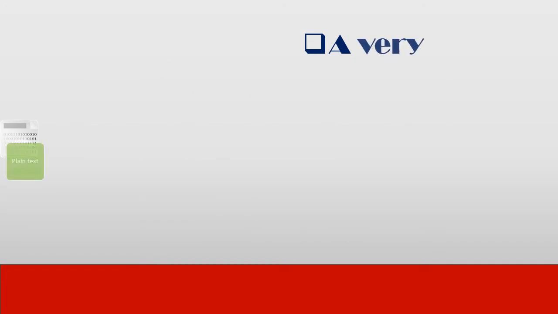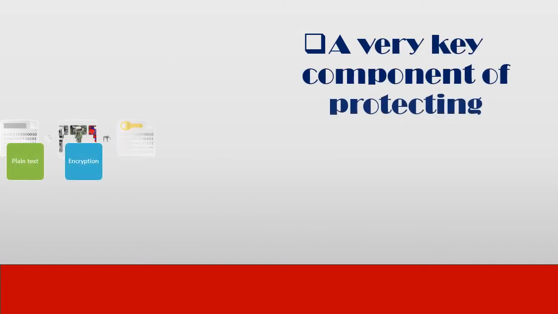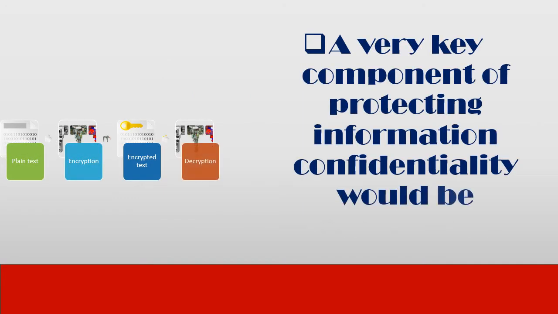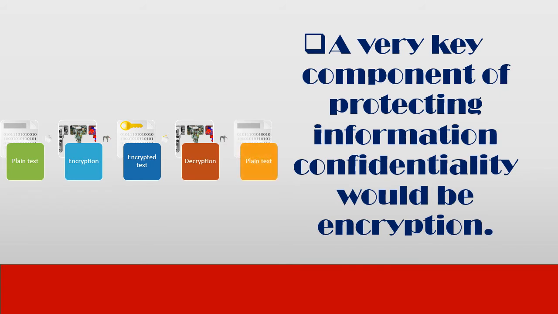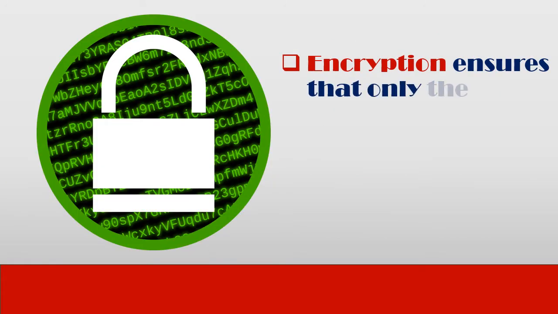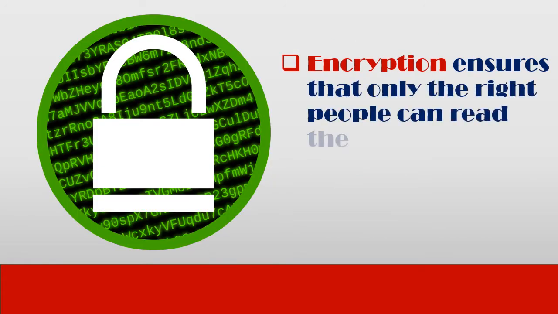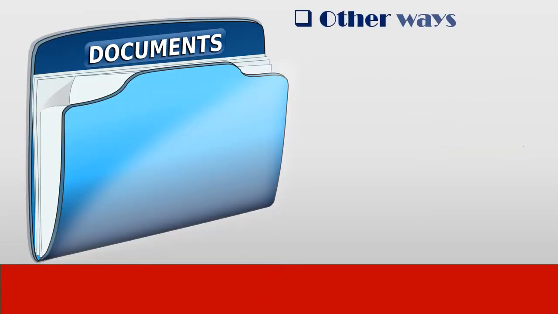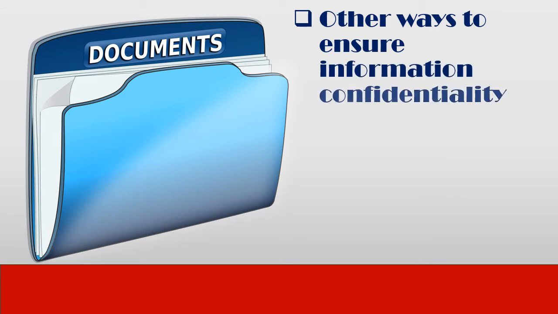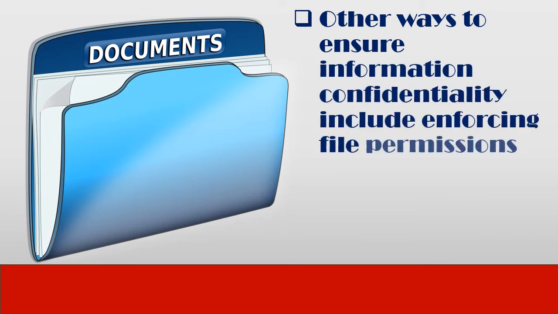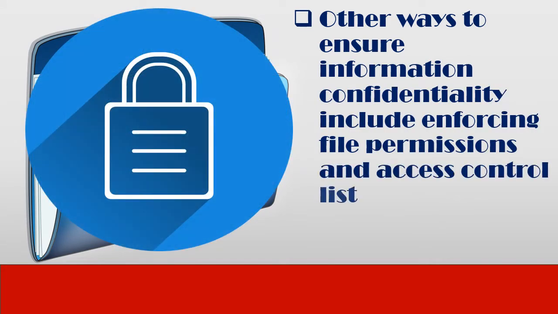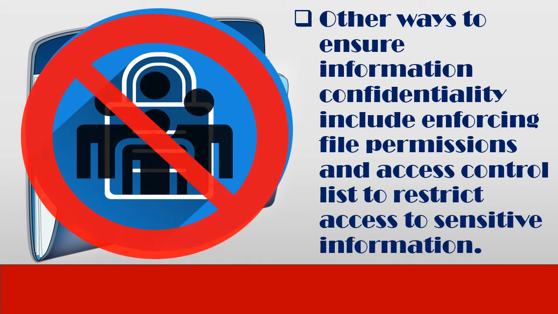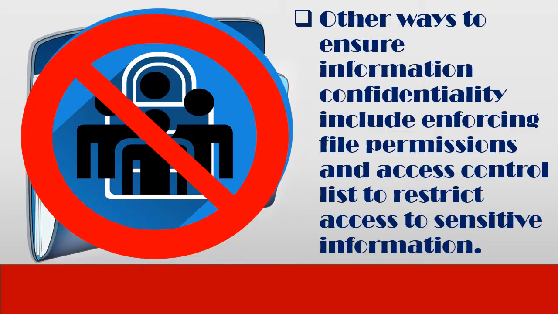A very key component of protecting information confidentiality would be encryption. Encryption ensures that only the right people can read the information. Other ways to ensure information confidentiality include enforcing file permissions and access control lists to restrict access to sensitive information.